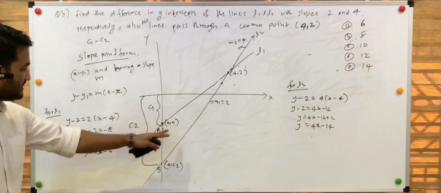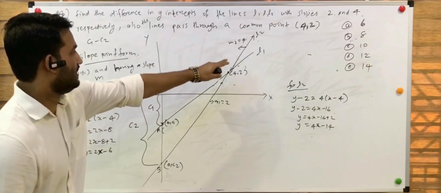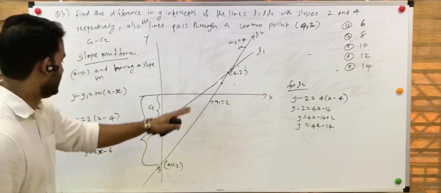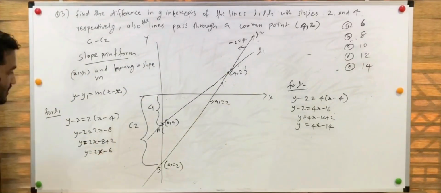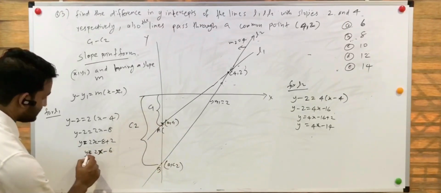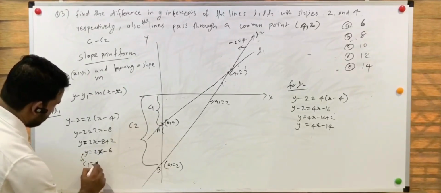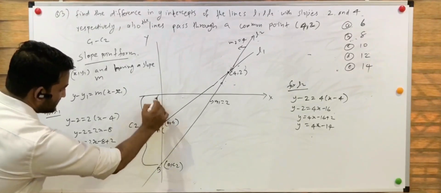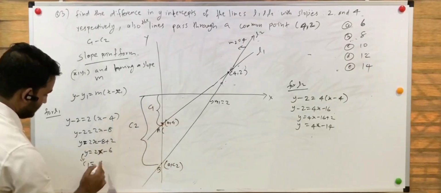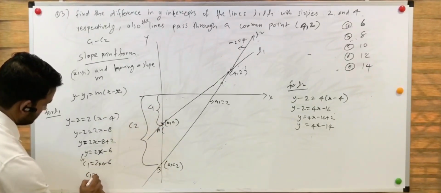This point must satisfy this equation, because all the points on the line L1 must satisfy the equation. So substitute the coordinates of A in this equation: y is equal to C1, and the x coordinate becomes 0 on this line. 2 into 0 minus 6. So C1 is equal to minus 6.